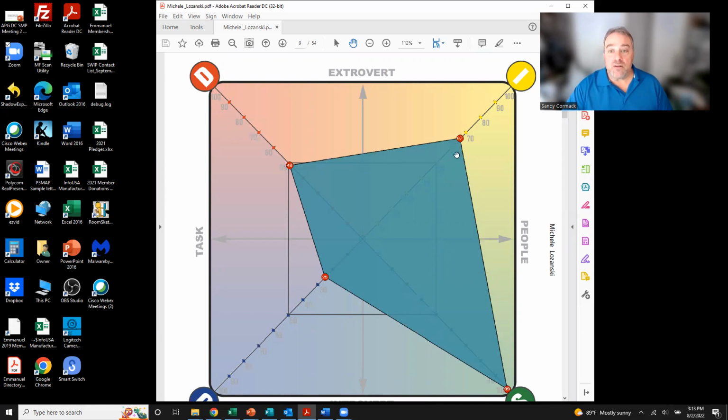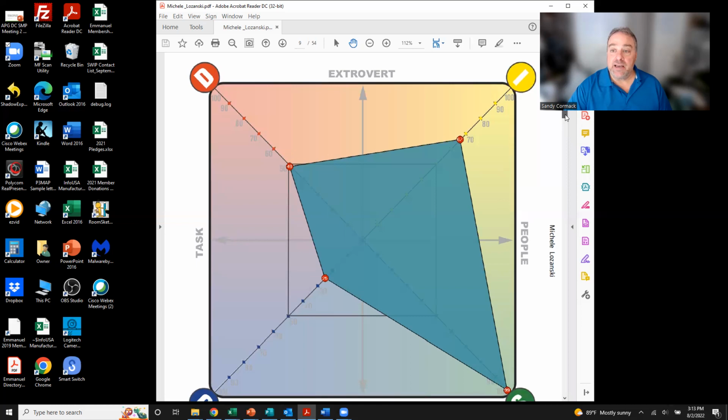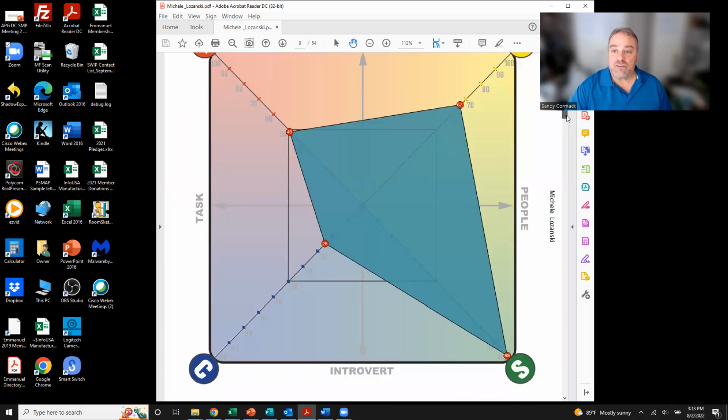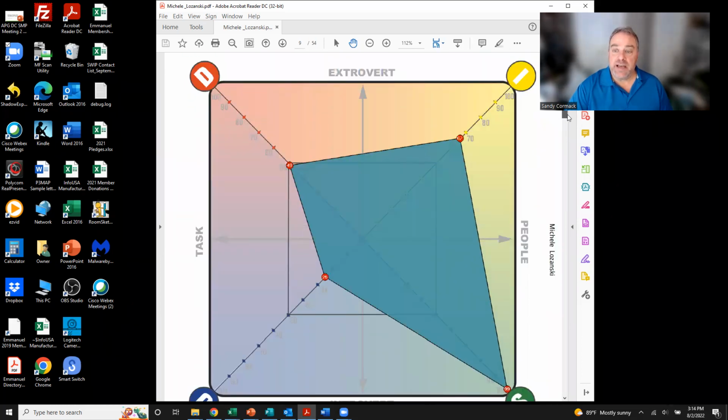And you see that if you have a high D and a high I, it pulls you more towards extroversion. If you have a high C and a high S, it pushes you towards more introversion. And so this person, they have a high I and a high S. And because of this, they have aspects of both.